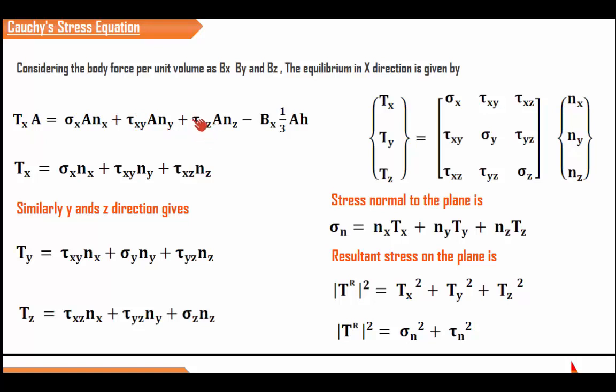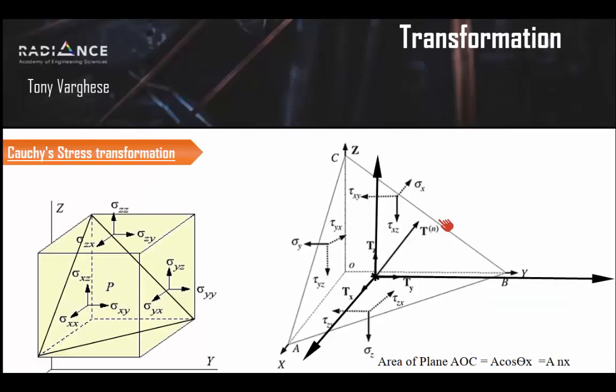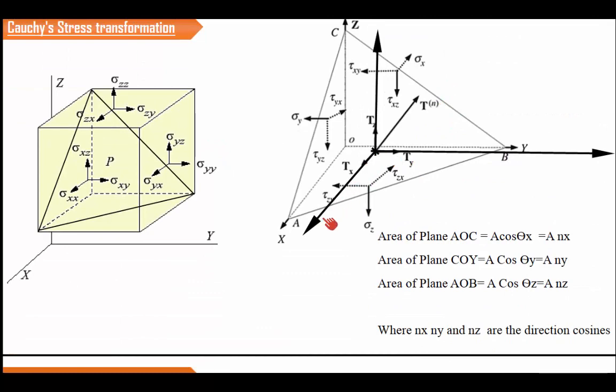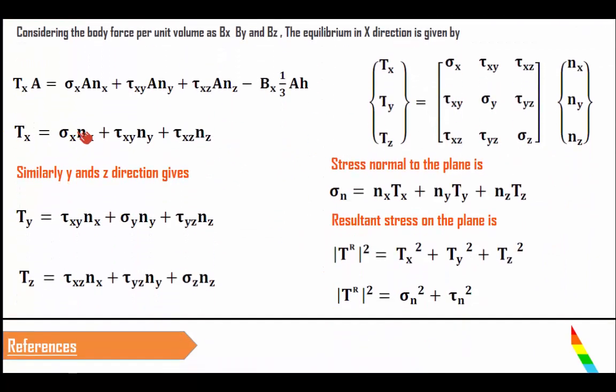The next force in the x direction is tau xz, whose area is A nz. Then minus the body force, equal to the force Tx in the x direction, this stress into the area on which it acts. That is what is given here.